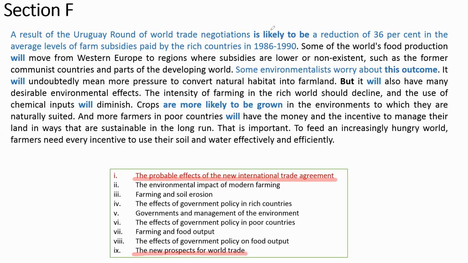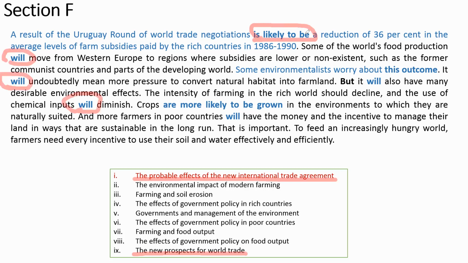So let's again look at the first sentence of section F. What you will see here is you can draw on your grammatical knowledge of the language, which is likely to be. And the tense throughout this particular paragraph is a future tense constructed with will.